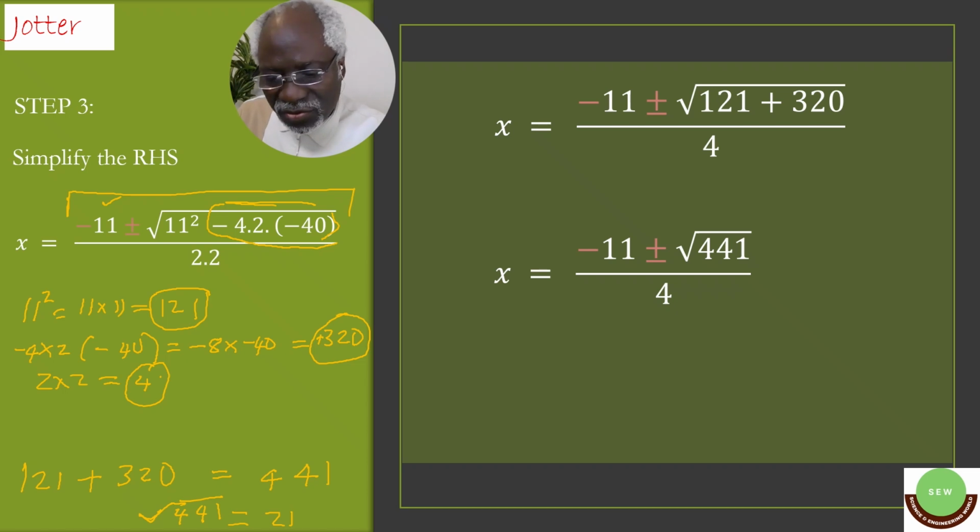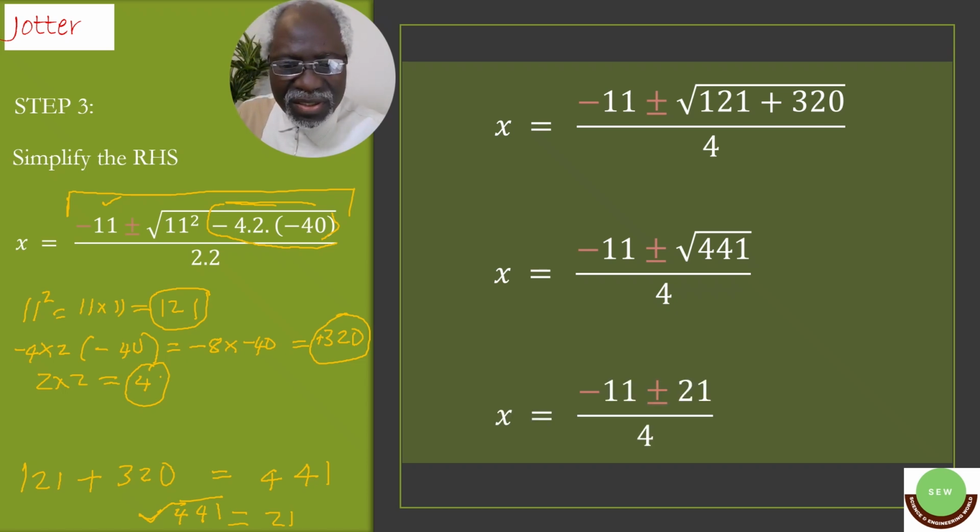So we now have x equals minus 11 plus or minus 21 over 4. Now because we have plus or minus here, then we are going to have two roots of this equation like we have been having before.